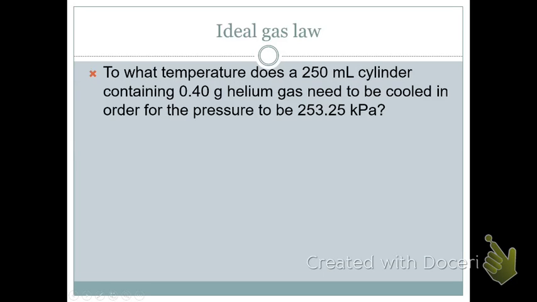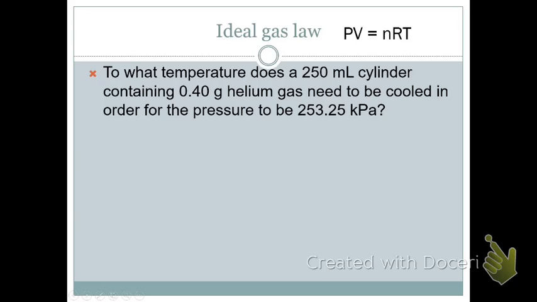To what temperature does a 250 milliliter cylinder containing 0.40 grams of helium gas need to be cooled in order for the pressure to be 253.25 kilopascals? Don't get nervous because it's a word problem. We're going to break it up just like we did before. We already know what our formula is.